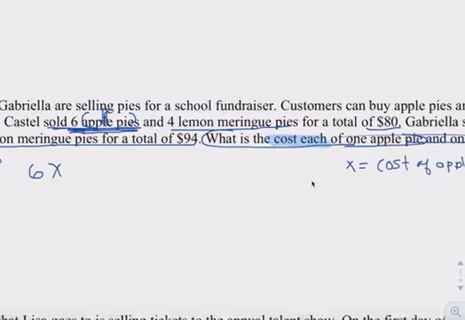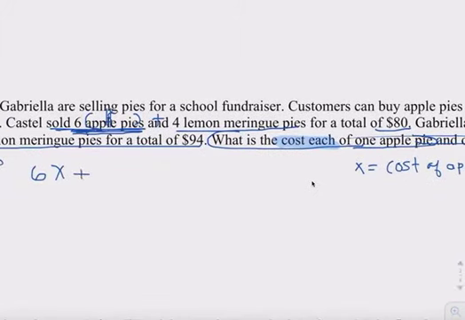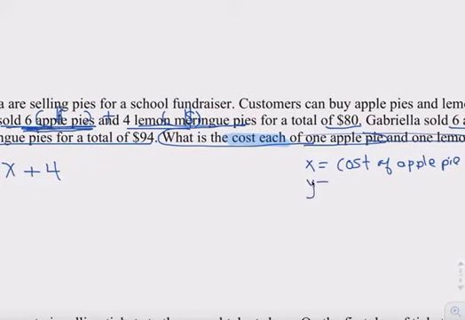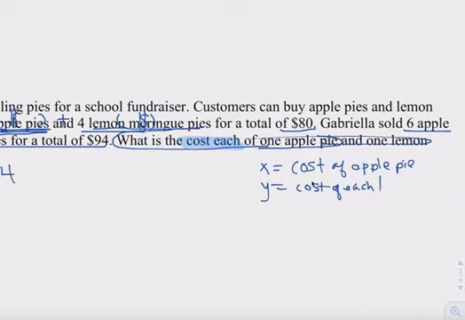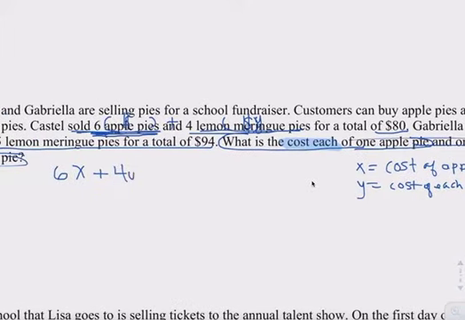We need to know the cost plus the 4 lemon meringue pies, and we don't know how much each lemon meringue pie costs. So we give that a y, the cost of each lemon pie. Their total cost altogether for selling 6 apple pies and 4 lemon pies is $80.